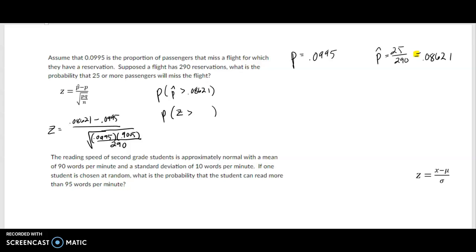Run that through your calculator. You should get something close to negative 0.76.